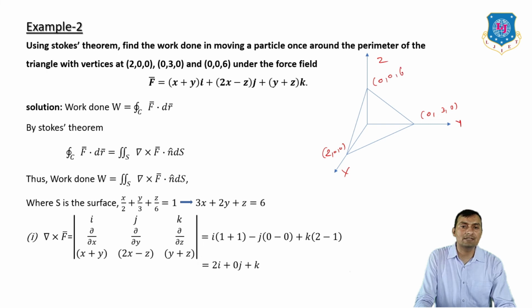The force field is also given. We want to find the work done, so by using Stokes theorem we can use this formula: the work done is equal to the double integral of curl F dot n cap dS, the curl of the vector field F over the surface S.